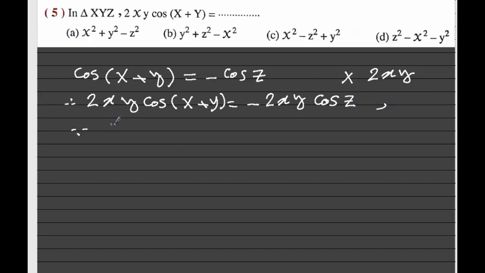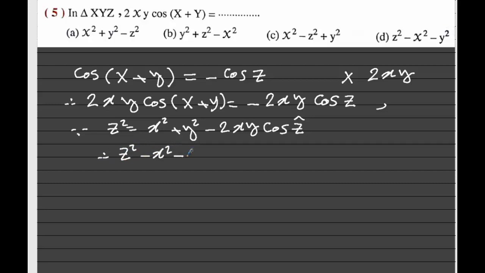And since in triangle XYZ, z square equals x square plus y square minus 2xy cosine z, angle z of course, then z square minus x square minus y square equals negative 2xy cosine z.